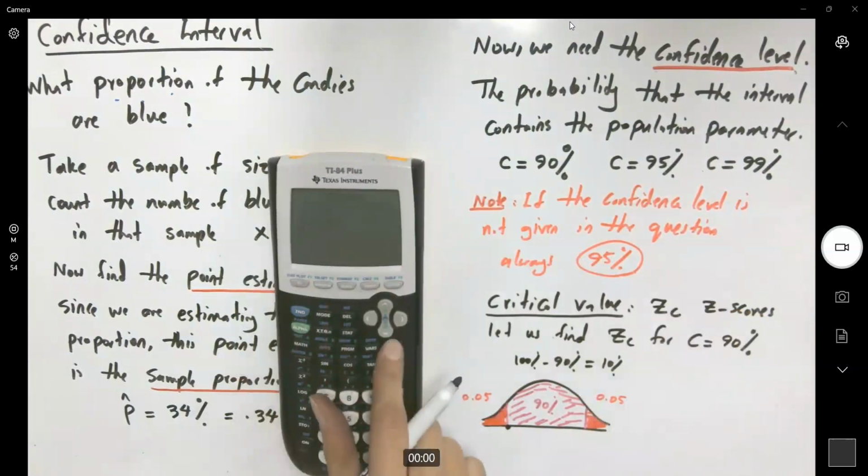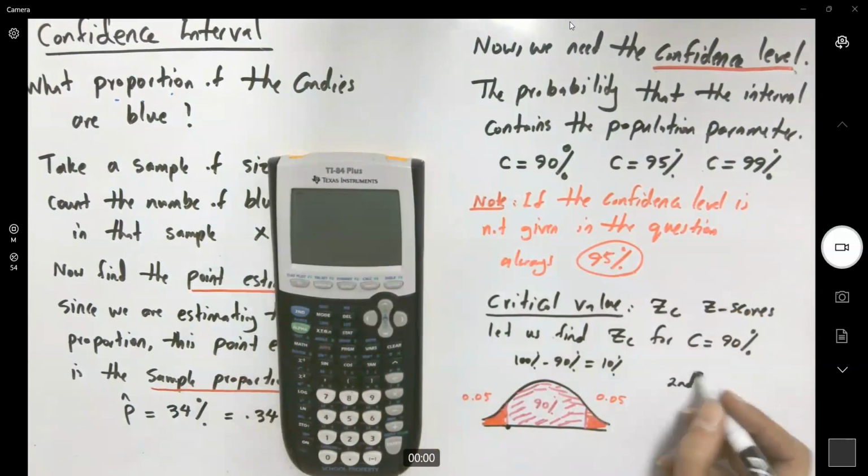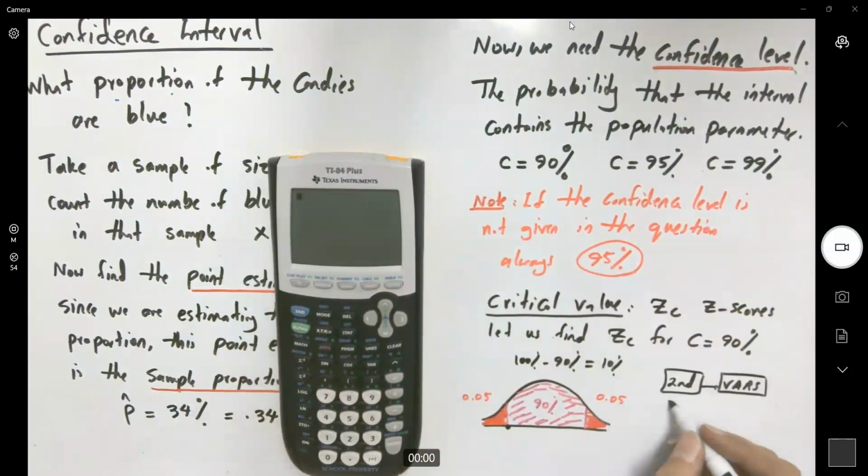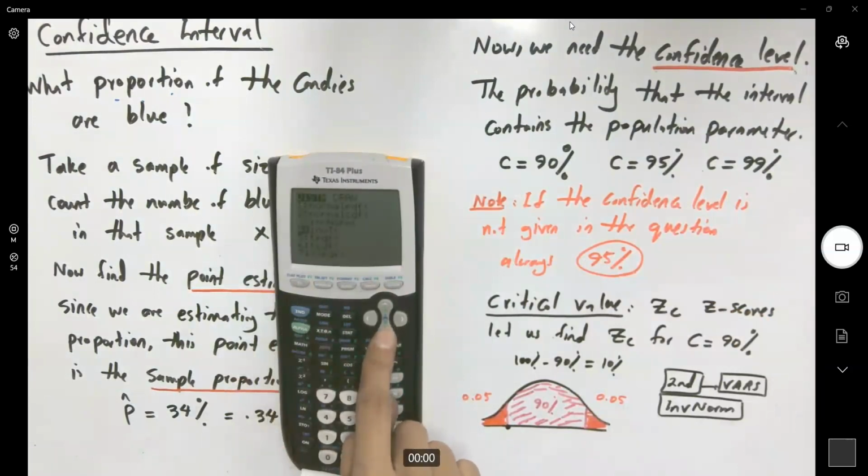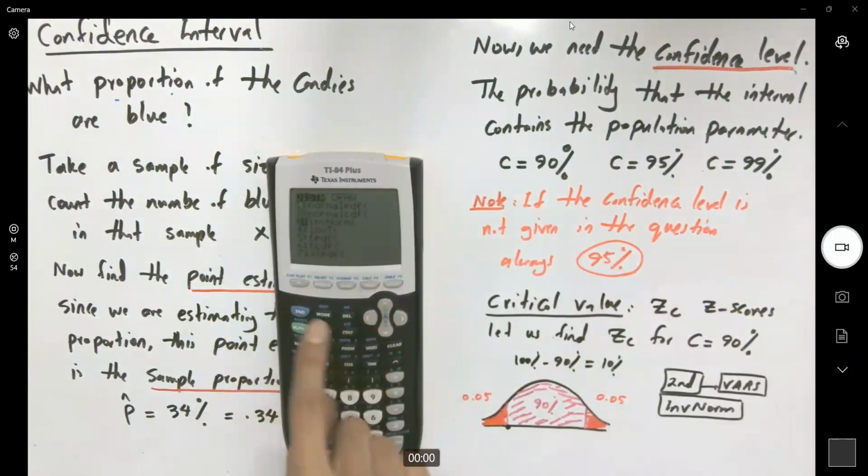Turn on your calculator. Go to second, then vars, and find inverse norm, which is just right here. Enter. The area is 5%, so 0.05.